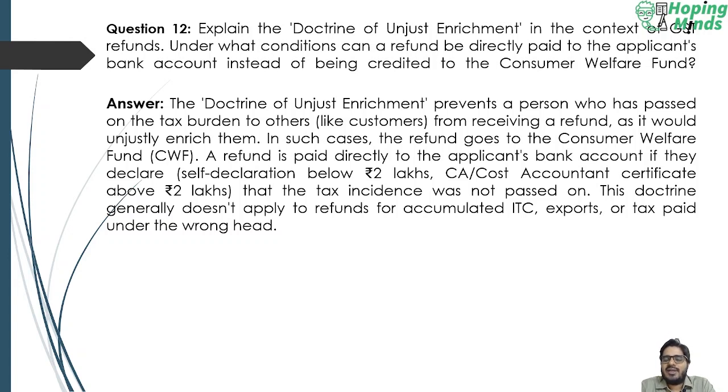So, if the taxpayer furnishes a certificate from a chartered accountant that the incidence of tax has not been passed on, then he can claim the refund. Also, in case this amount does not exceed rupees 2 lakhs, he can give a self-declaration. This doctrine generally doesn't apply to refunds for accumulated ITC, exports, or taxes paid under the wrong head.